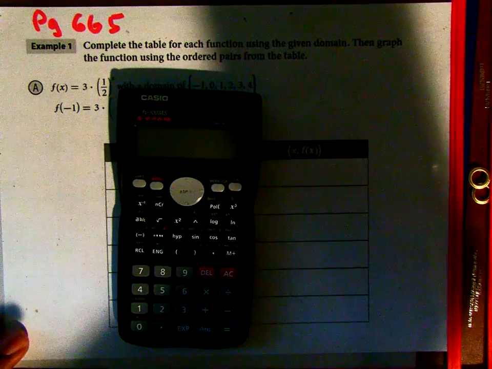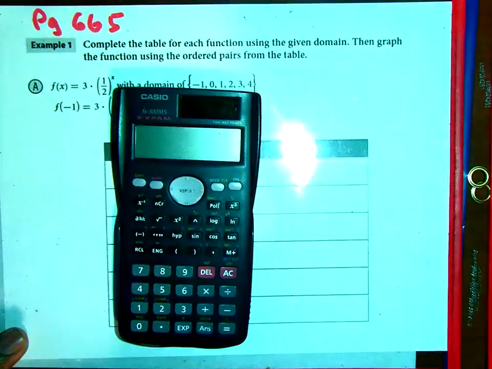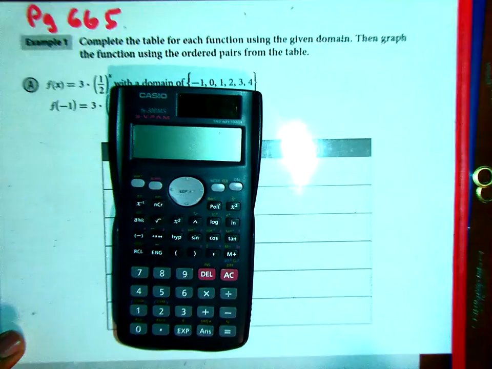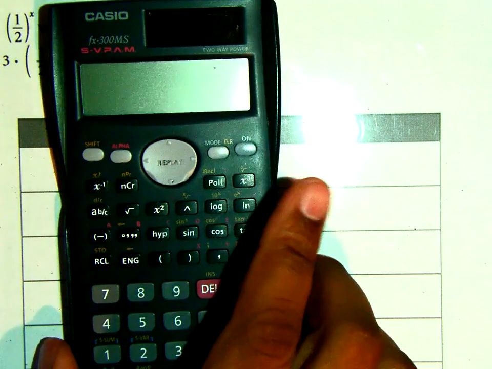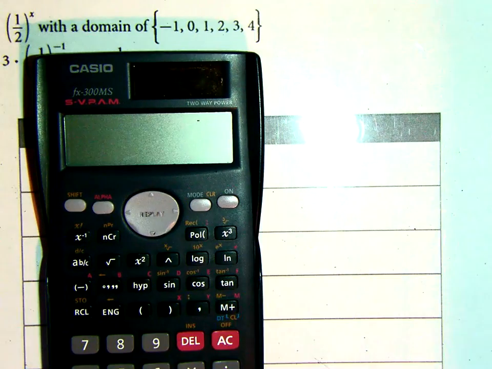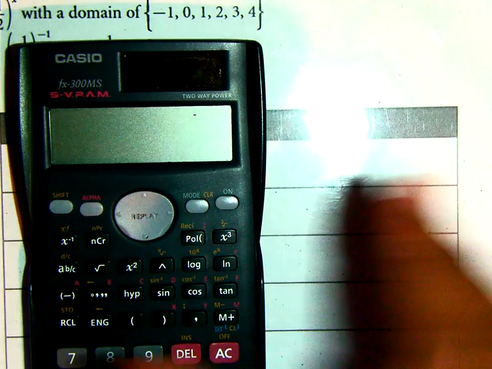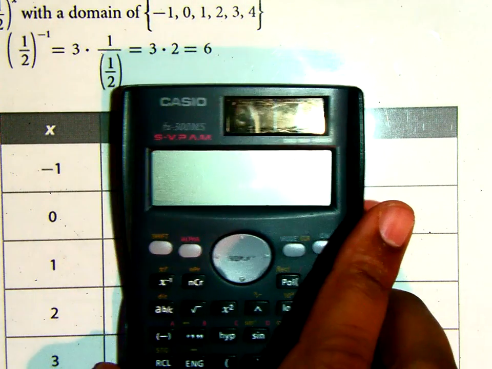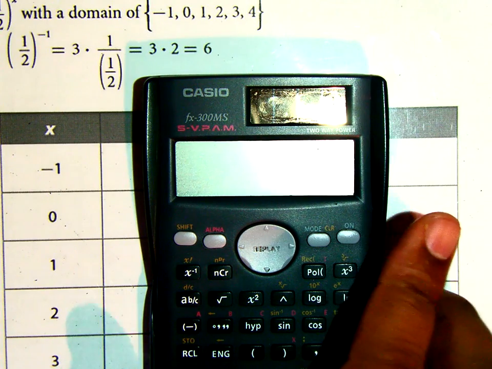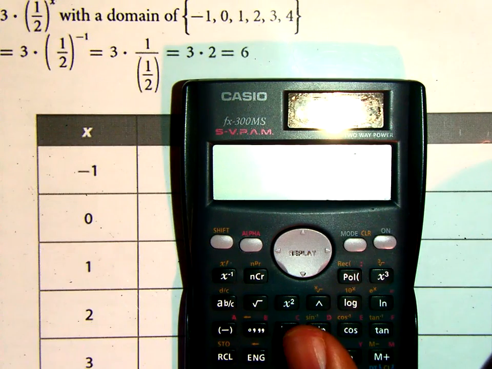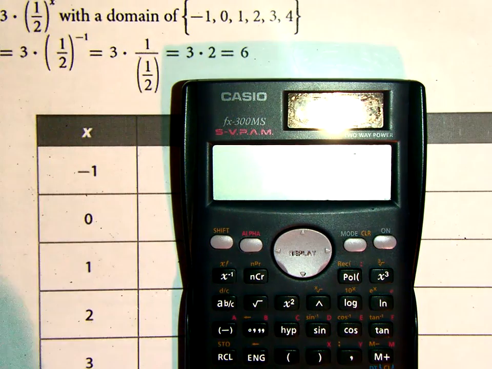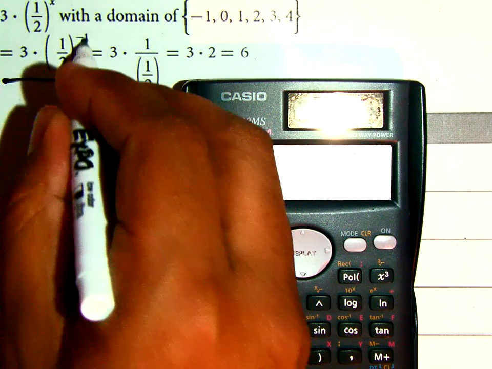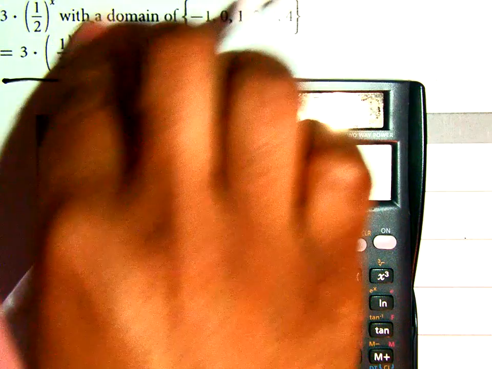So, got my calculator here. Zoom in. All right, so what I want to do is type exactly what it says here. So I'm going to type that function just like it is right here.